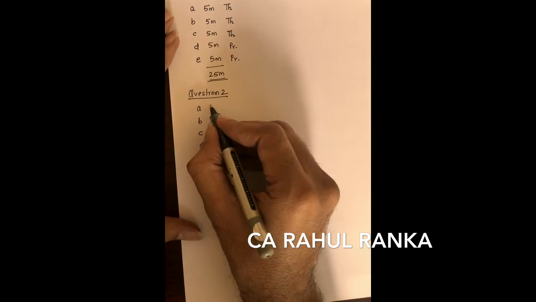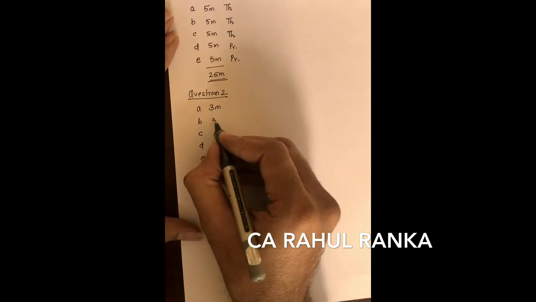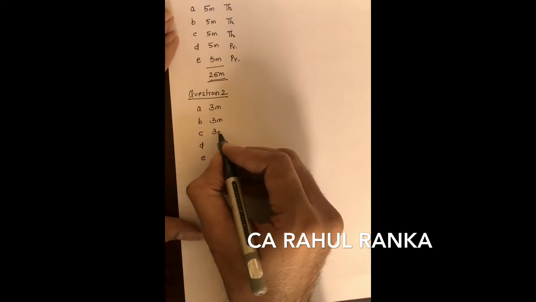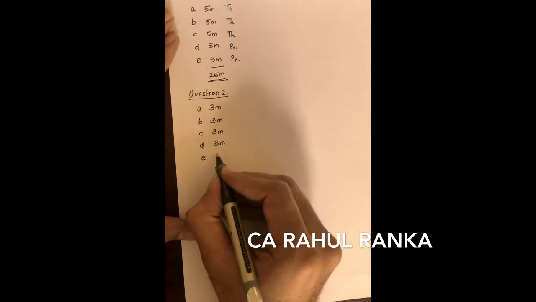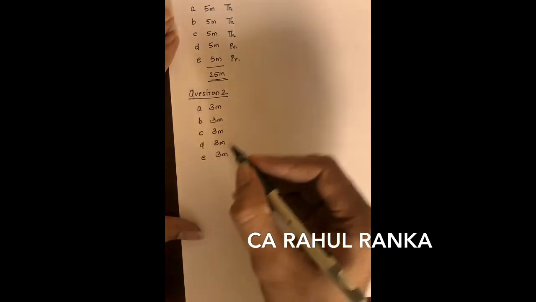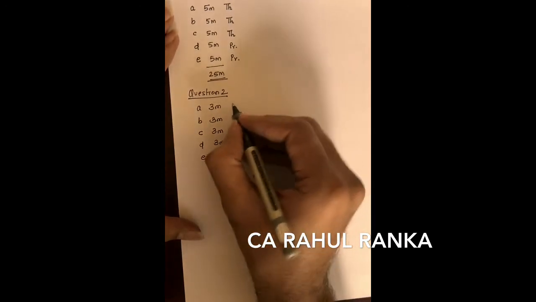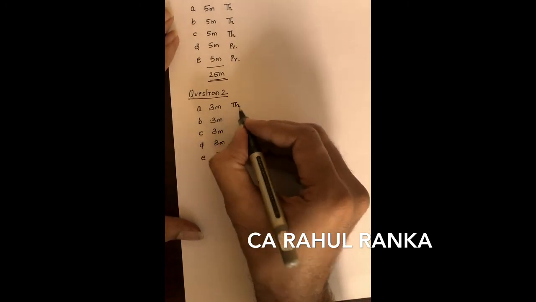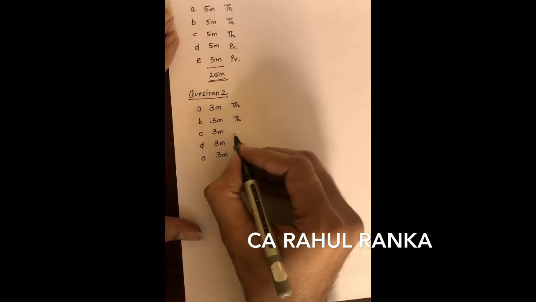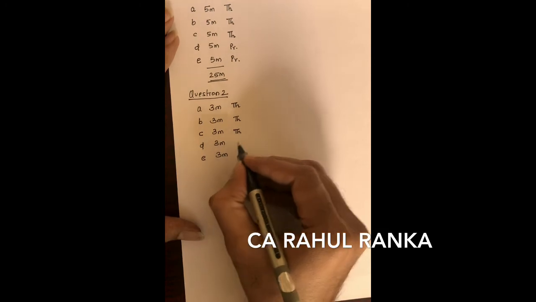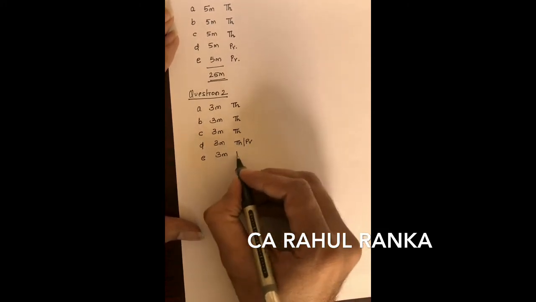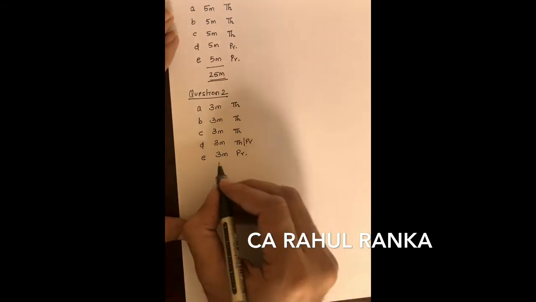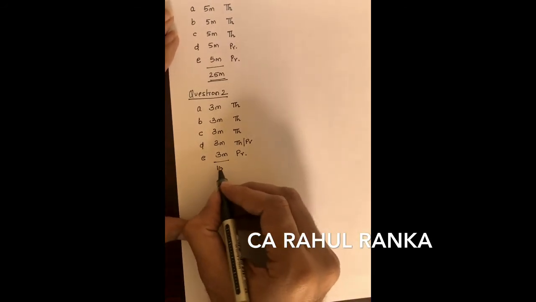And in this we have 3 marks each, so each bit is going to carry 3 marks. The first ones could be theory, and the last one is going to be practical, and the total will be 15 marks.